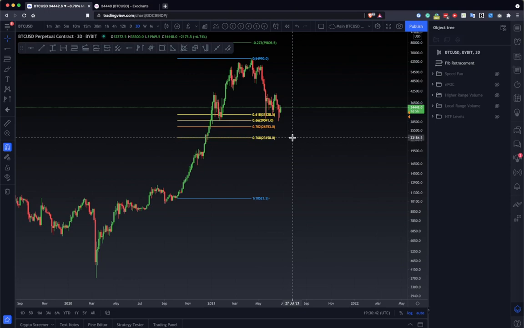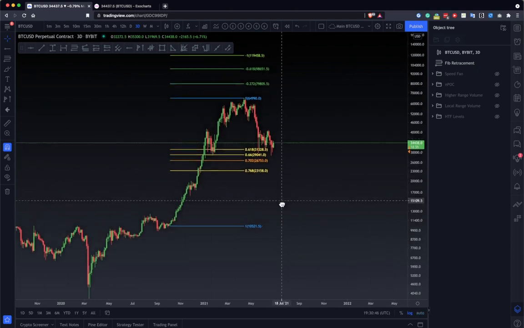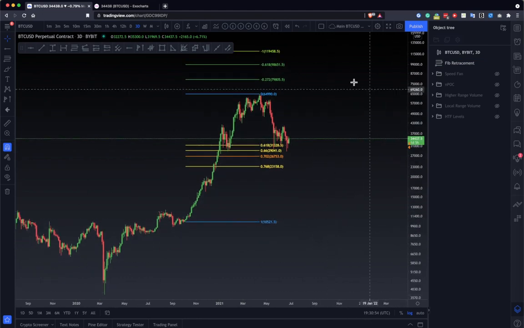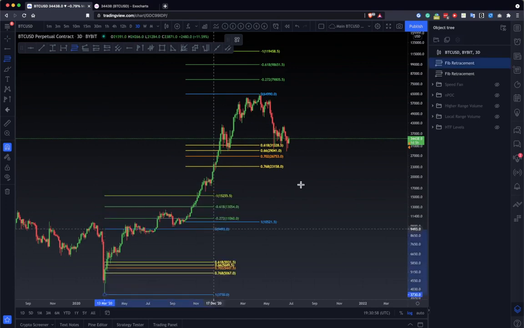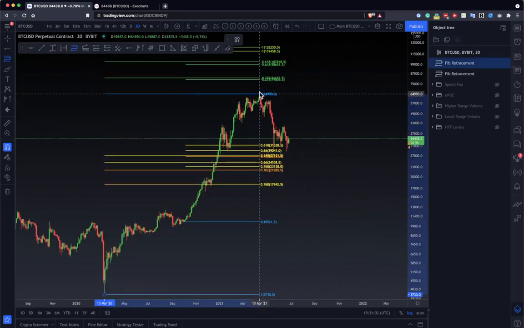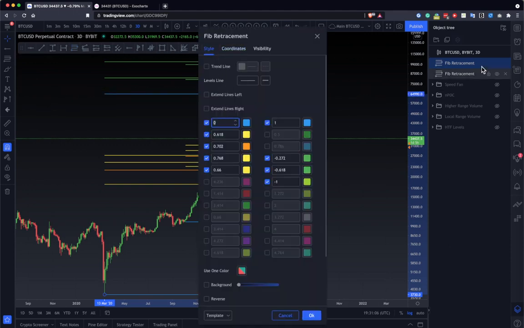This 618 is massively important. And yeah, I have this, and also the overall. It's getting a bit messy.